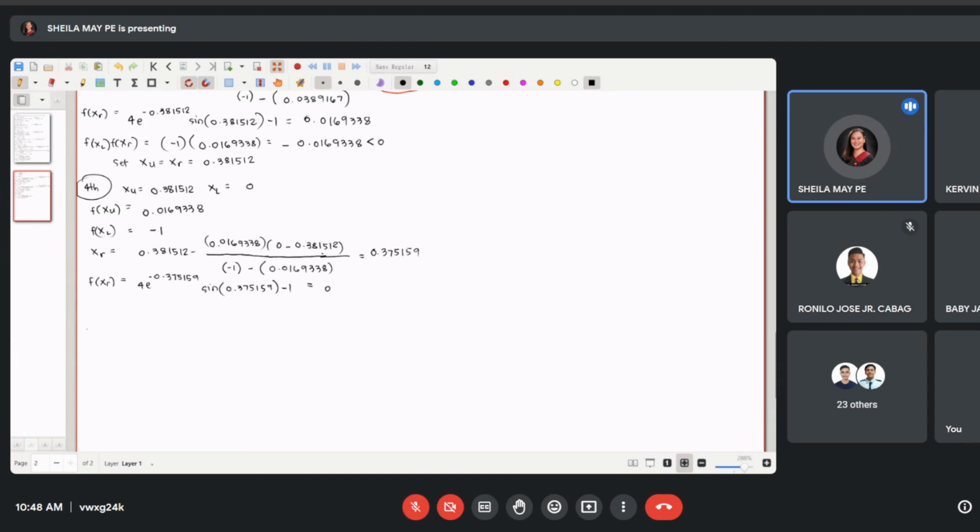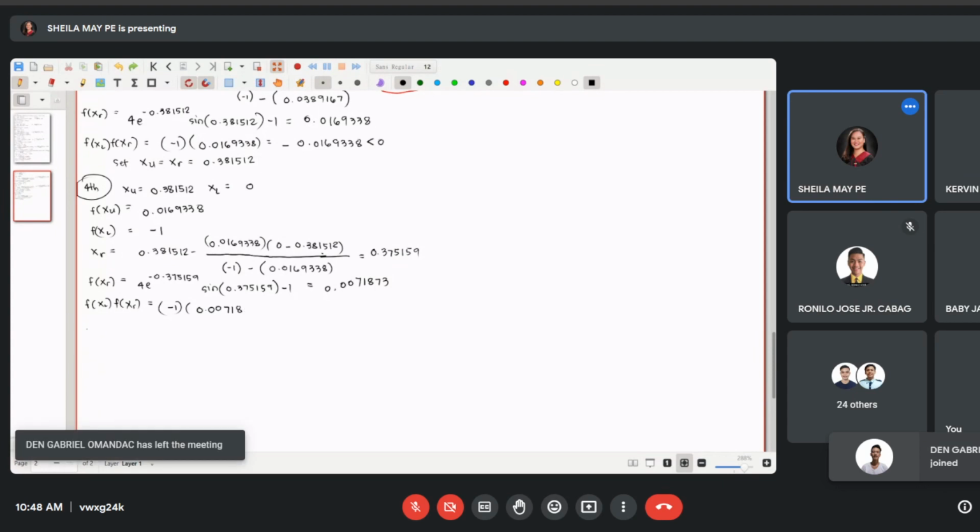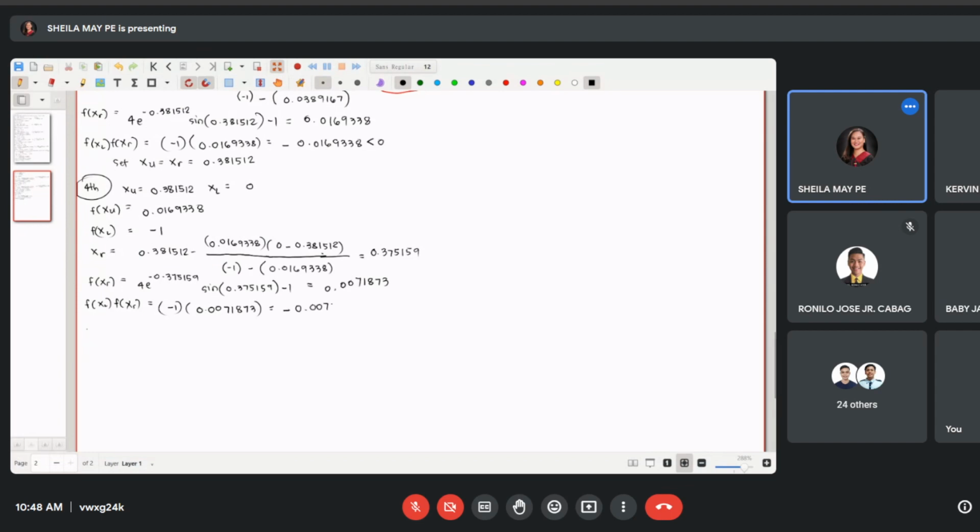So this is 0.0071873. And for the function of our x sub L times function of our x sub R, that's -1 multiplied by 0.0071873.